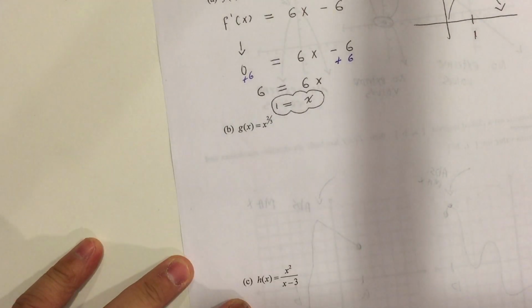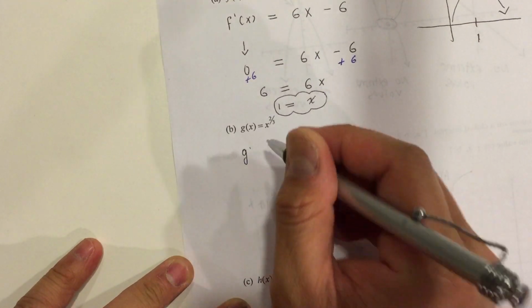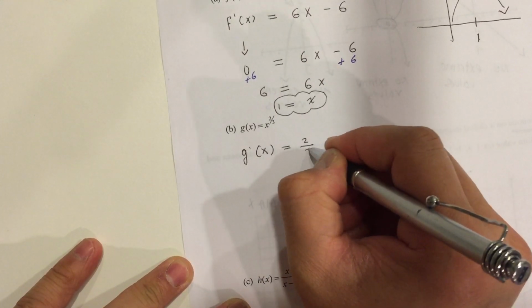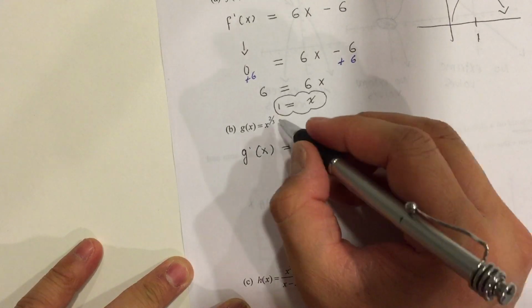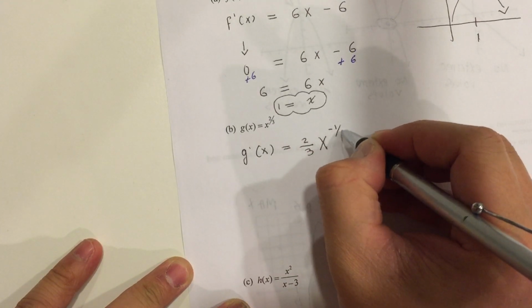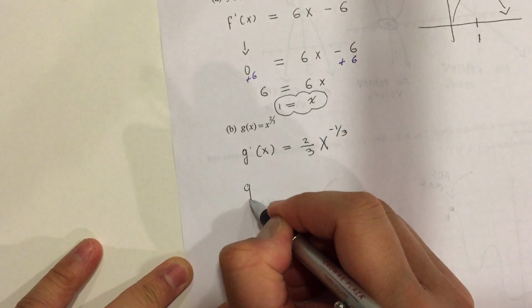Look at this function, g equals to x to the 2/3. We begin by finding its derivative function. If you subtract the original exponent by 1, we have negative 1/3, like that.